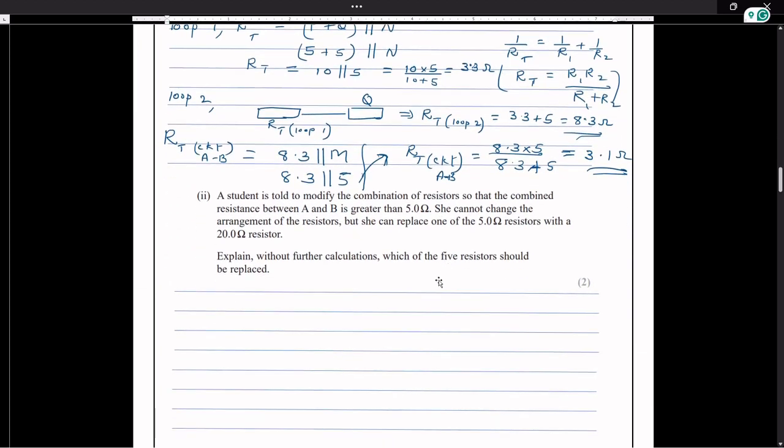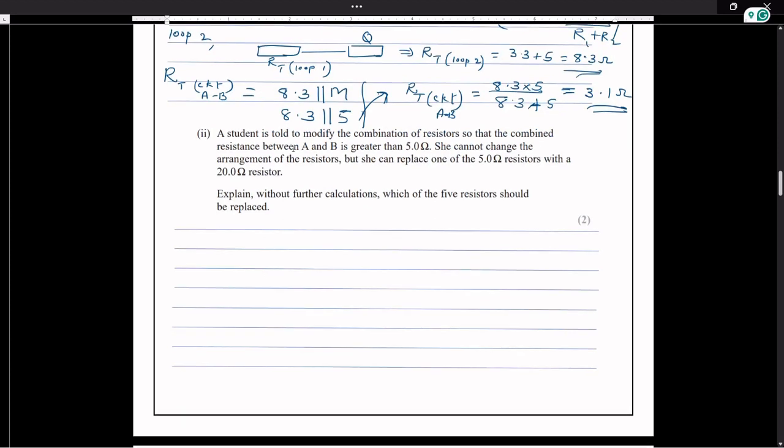Now let's move on to the next part of the question. The student is told to modify the combination of resistors so that the combined resistance between A and B is greater than 5 ohms. So he has to get the total resistance more than 5 ohms. Now we were getting it as 3.1 ohms only between A and B. But they want it greater than 5.